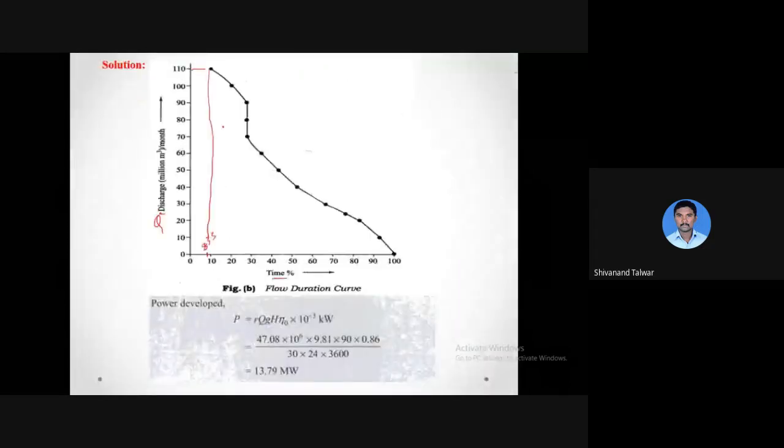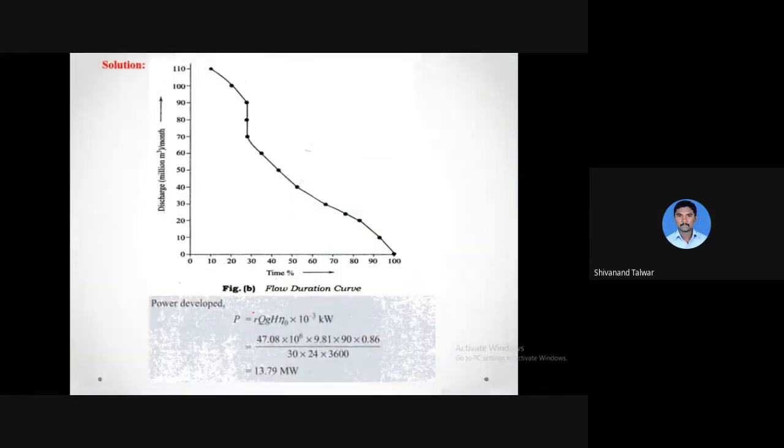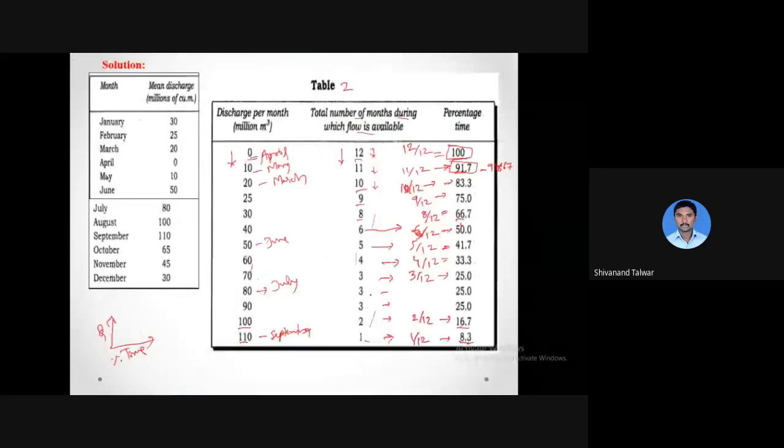Okay, तो यहाँ पे for value 100 here we will get how much, कितना आएगा? 16.7 percentage. Okay, then these three readings are same, 70, 80 and 90.